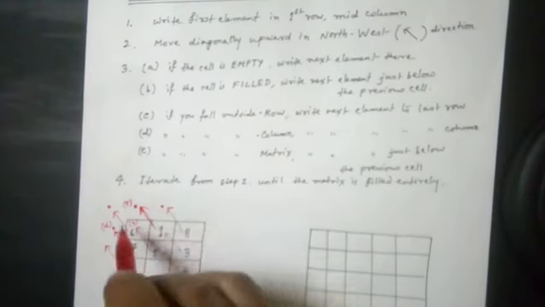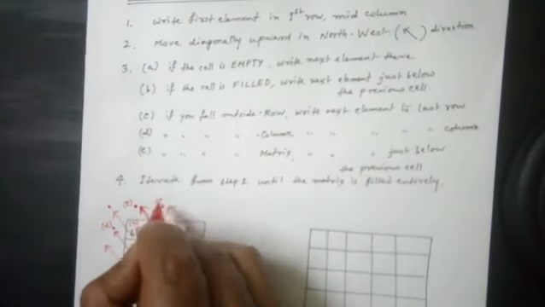You are falling outside the row, but you are within the second column. So if you are falling outside the row, that is condition C, then write the next element in the last row. This one is the last row, so write the next element here.